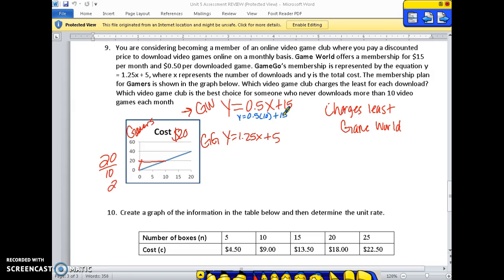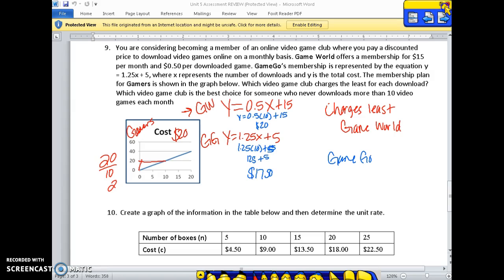That is going to be 5 plus 15, which is also $20. And then for GameGo, $1.25 times 10 plus 5, that's $12.50 plus 5. I apologize, that's 5. That comes out to be $17.50. So if you are not doing any more than 10, then GameGo is the best option for you.